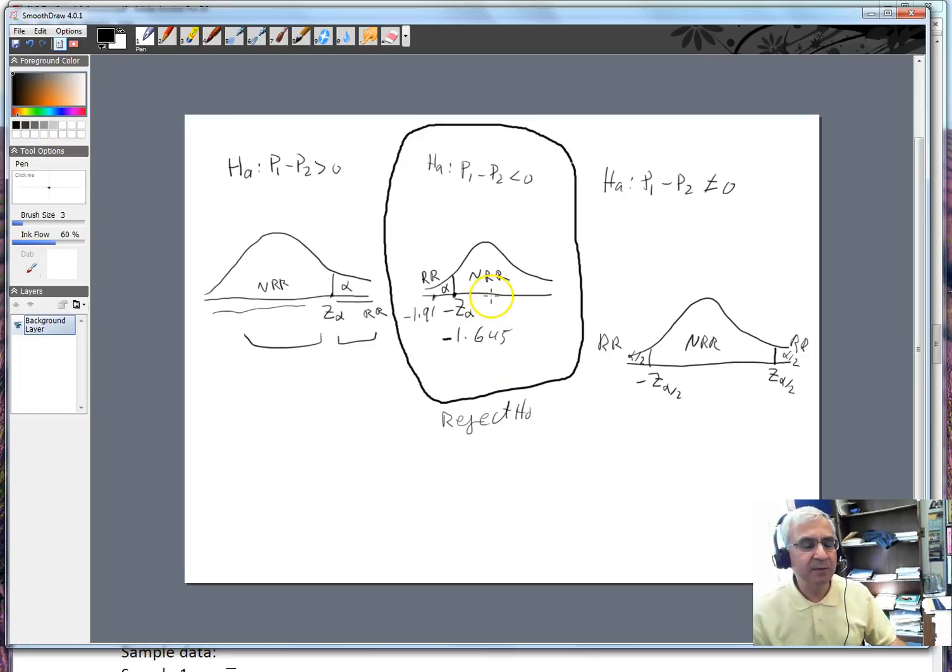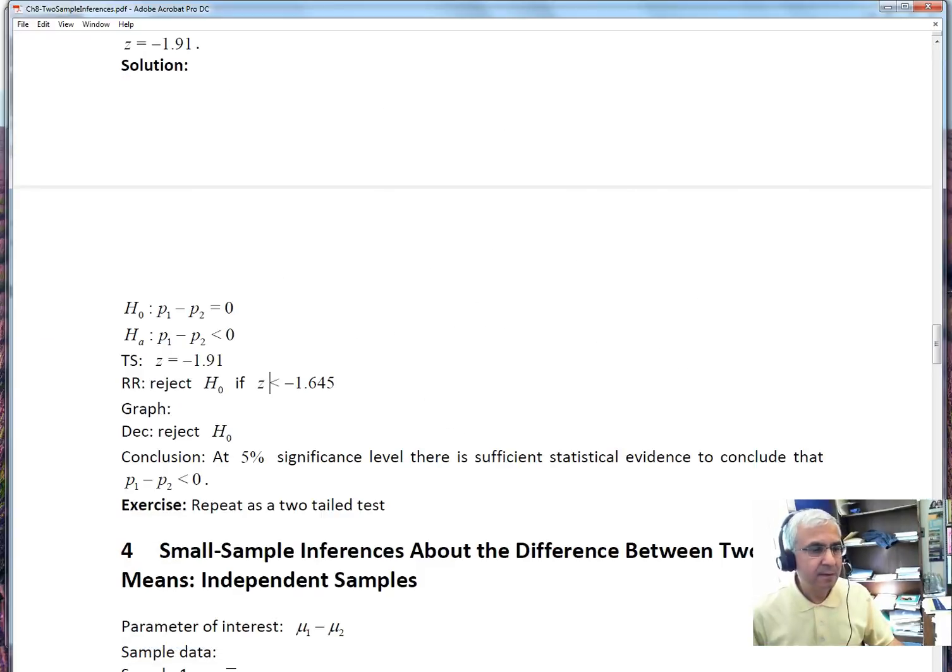If it was up there, we would say do not reject H0. Okay, so now let's go back to complete this. We reject H0, and the conclusion would be: at 5% significance level there is sufficient statistical evidence to conclude that P1 minus P2 is less than 0.